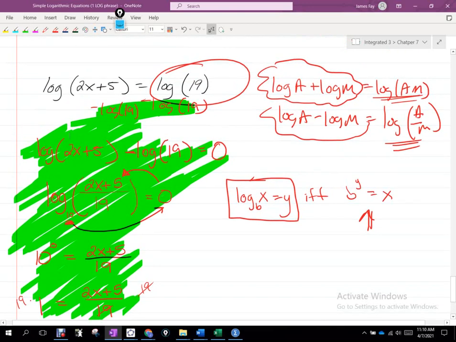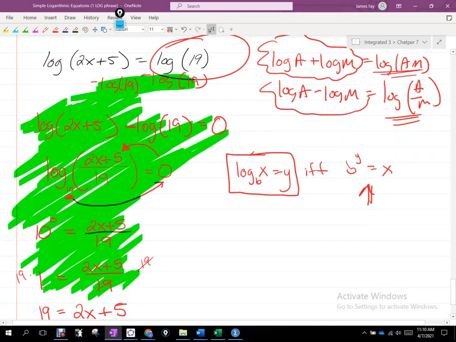Look at the original problem. How can I go from this original problem to this right here? Everybody see that?